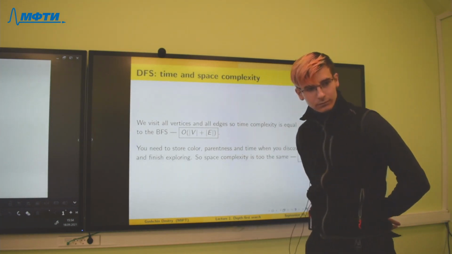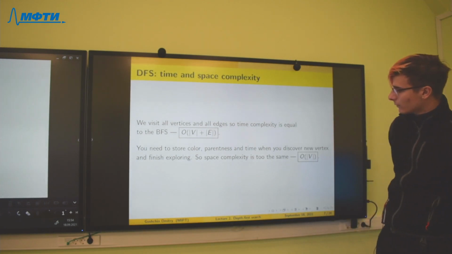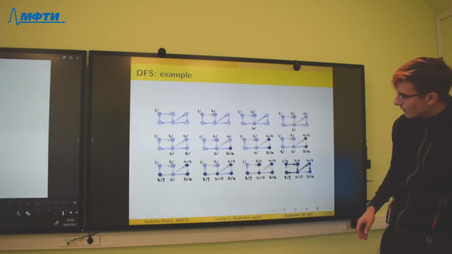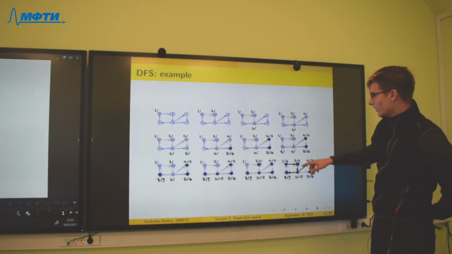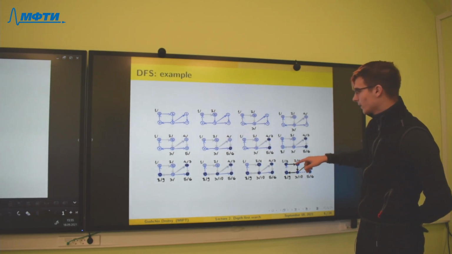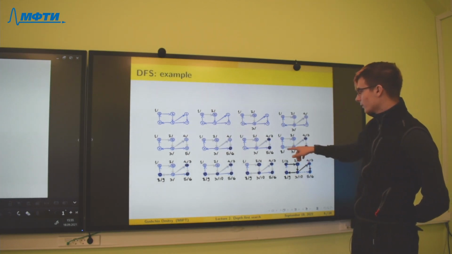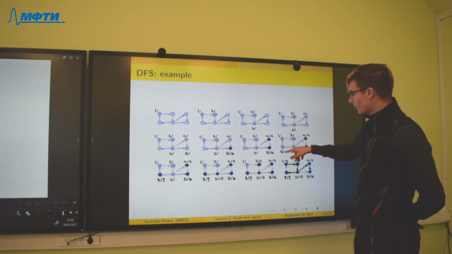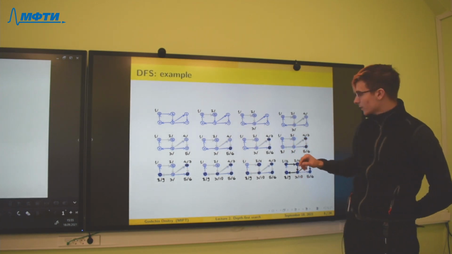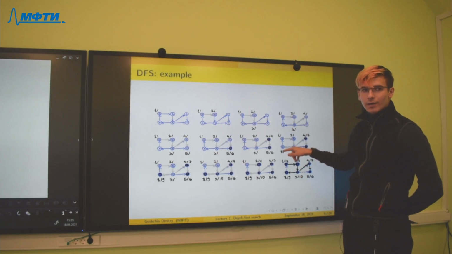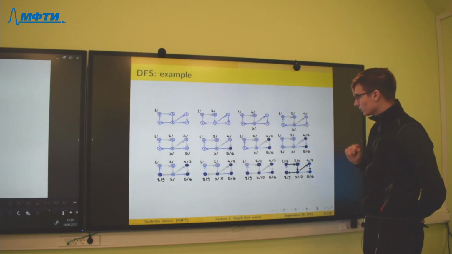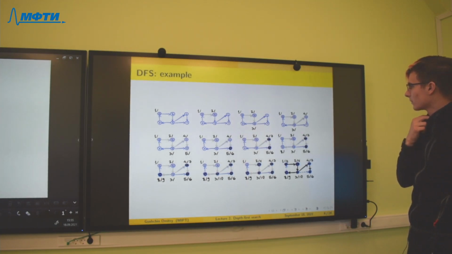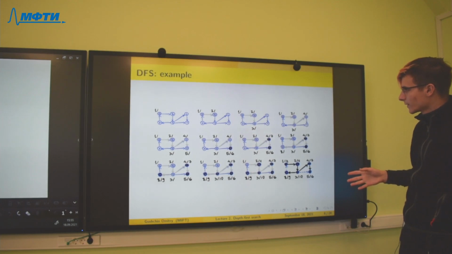For the first one, because we go to every node and we also explore edges. When we go, for example, to node D, we search all incident edges of this point, and then we go to the other vertices.